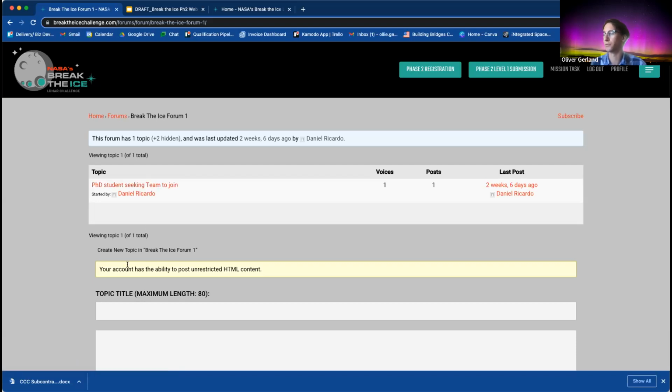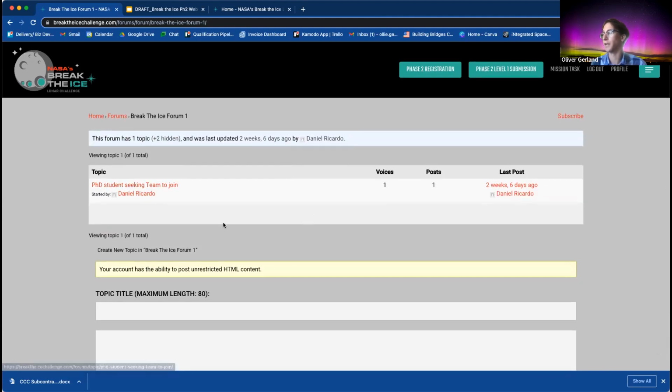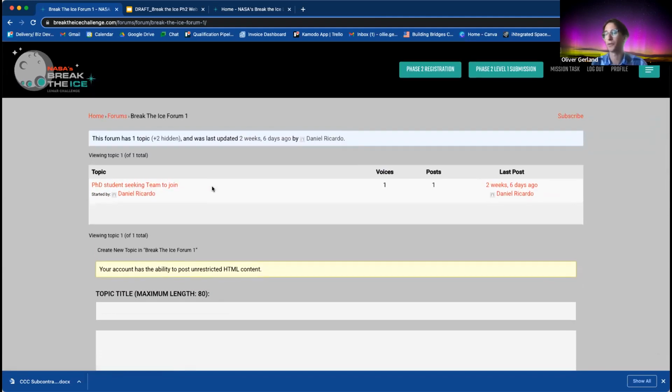You are able to post topics, and we approve them, and then you're able to access a forum feature with other teams and other individuals who are participating in the Break the Ice Challenge.